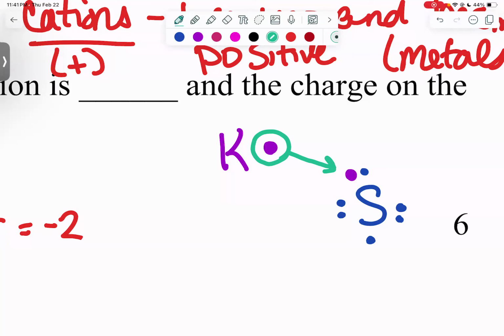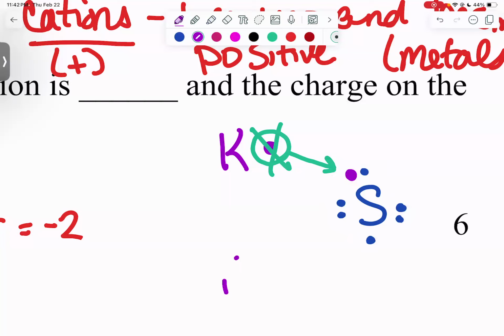So now potassium no longer has it and becomes an ion, right? So potassium's happy. Sulfur's not quite happy yet. It only has, count these valence electrons, 2, 4, 6, 7 valence electrons. That's not good. It's not going to cut it.